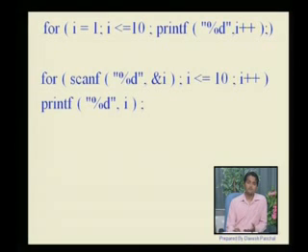Here, in the last portion at the time of incrementation, we have written the printf statement, meaning it will print the value of I and then it will be incremented. In the second portion we are taking input from the user, meaning the value of initialization is performed by the value entered by the user, and the loop will be repeated for that period of time.